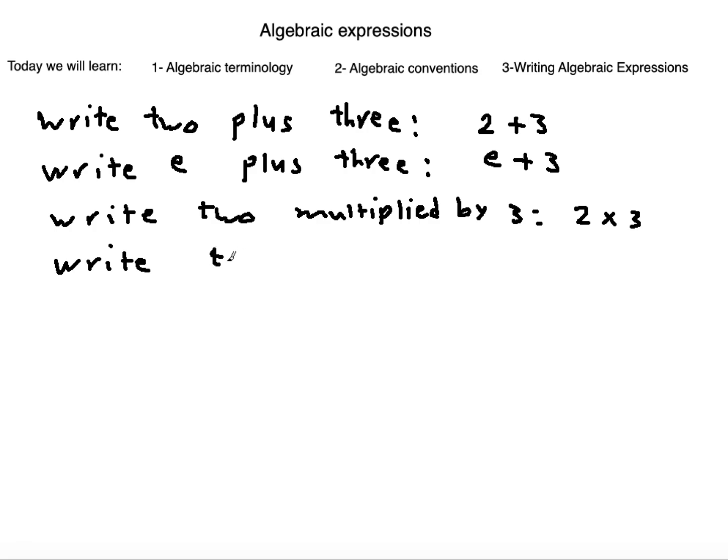Write 2 multiplied by m. So you're going to write 2 times m. But you're right, if you thought that we shouldn't be writing times. So we got to write it as 2m, because, as we said, we tend to drop the multiplication in algebra.